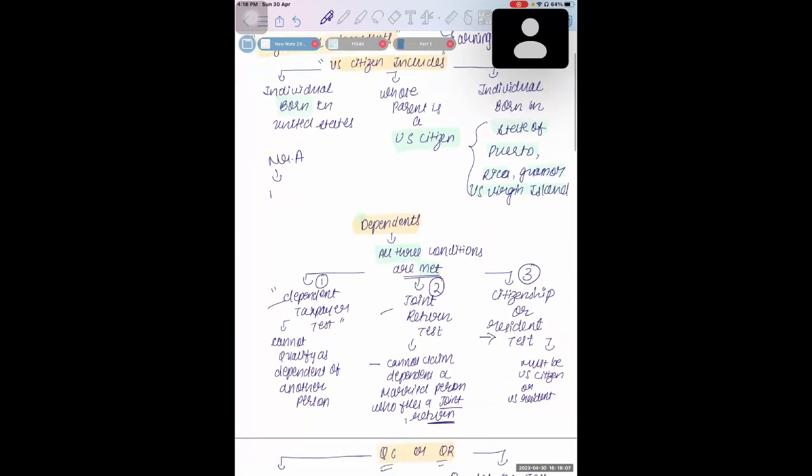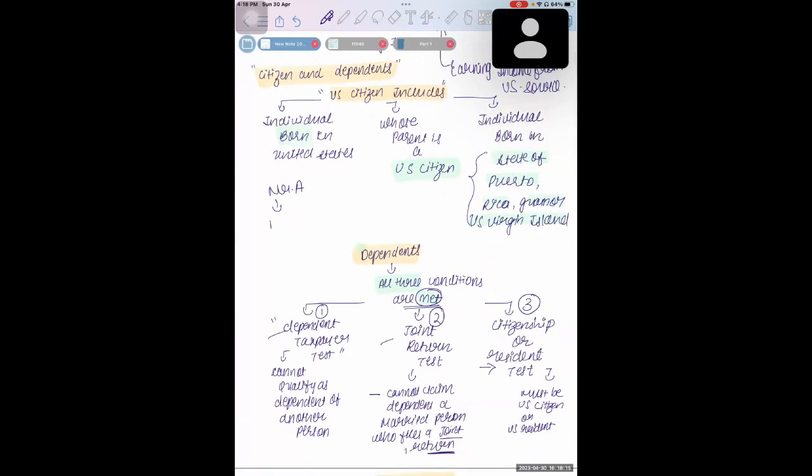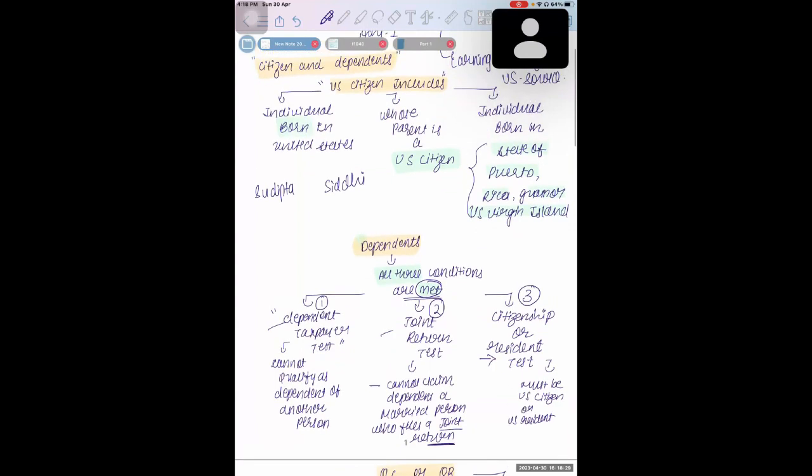Yes, yes. See, only these three conditions should be met. Let's say, Mr. A, what's your name? Sudipta. Okay. And let's say me, Siddhi. And there is one child whom you are taking care of, let's say Mr. C. Now you want to claim Mr. C on your tax return because you're saying I am taking care of him, I am incurring all the expenses.